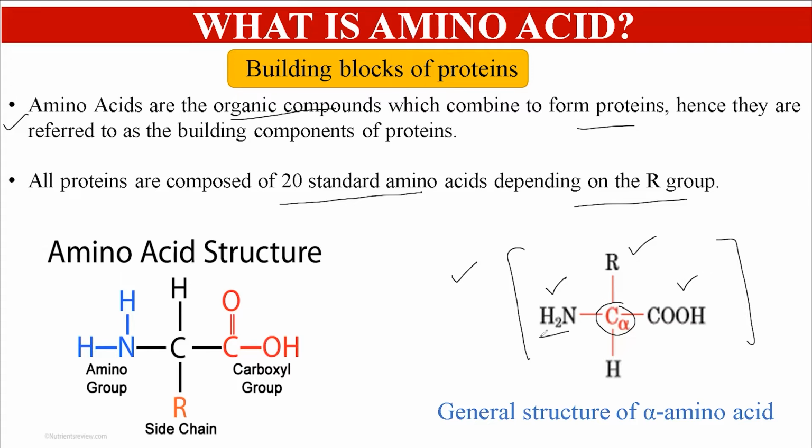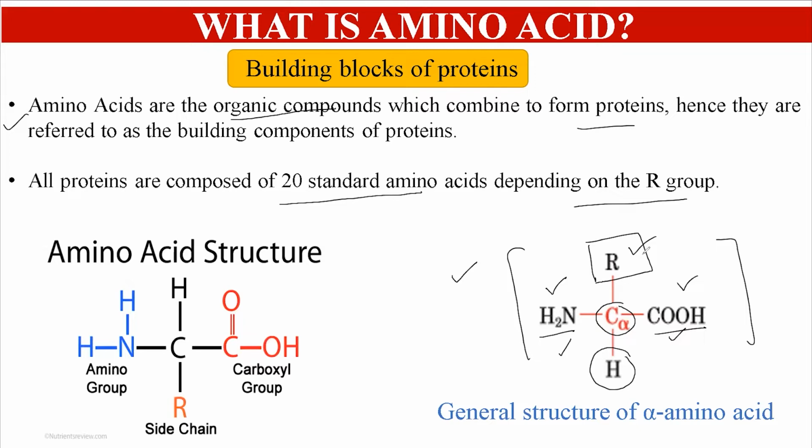Because this is an amino group and this carboxyl group is basically an acid, that is why this molecule is known as an amino acid, right? Amino is also there and the acidic group is also there. Apart from that, the third group attached is a hydrogen atom. And the fourth group, to balance out the valency, is an R group.